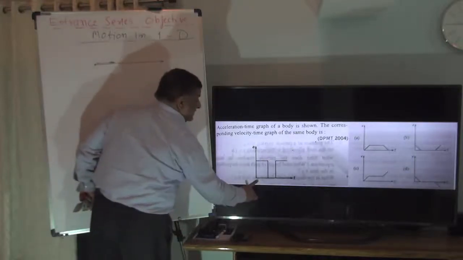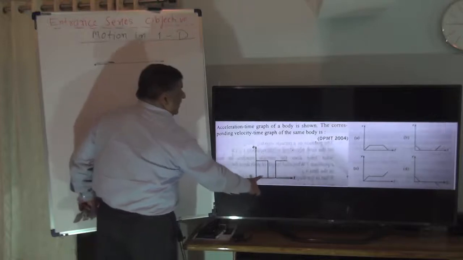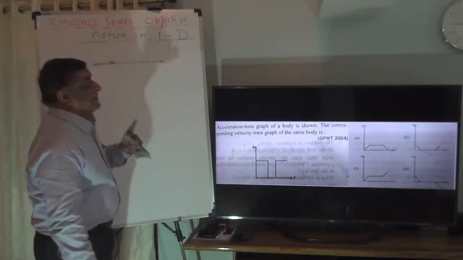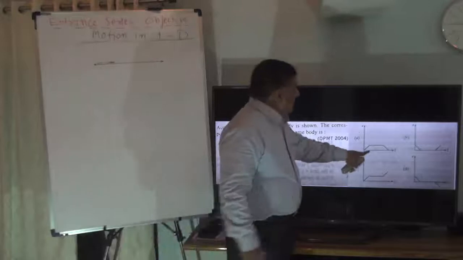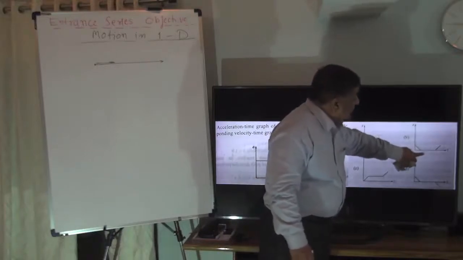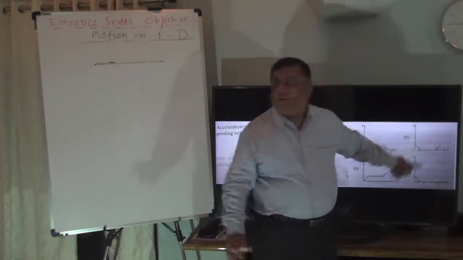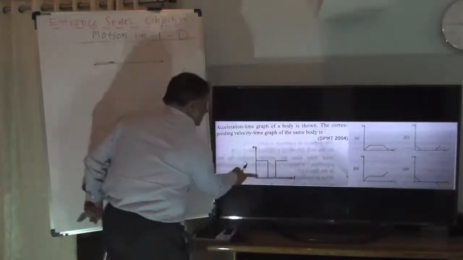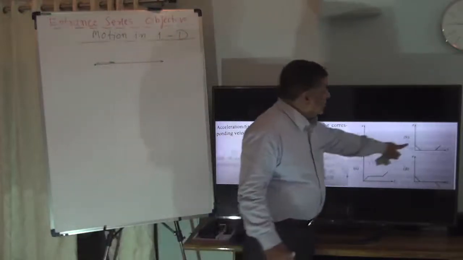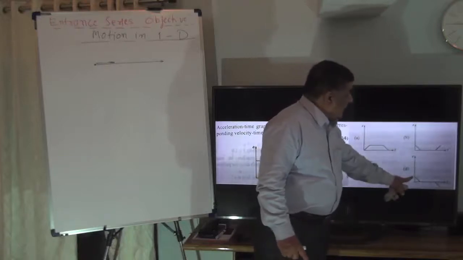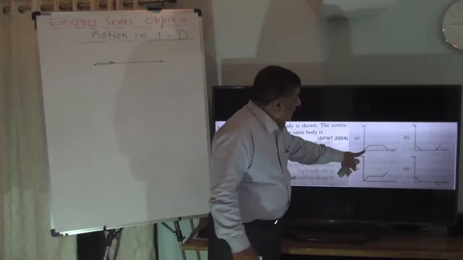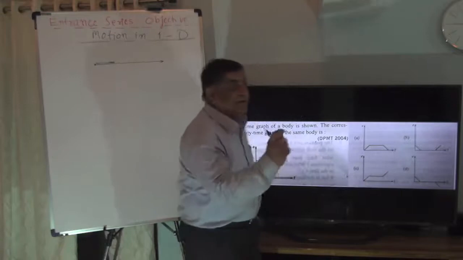So for this much time, from here to here, velocity will increase. Here we look at which graphs show velocity increasing at the start. In this velocity is increasing, this can be an option. In this velocity is decreasing, this is not an option because acceleration here is a positive acceleration. Positive acceleration increases the velocity, not decreases. So this is out. This one again, velocity is decreasing, out. We have these two, velocity increasing for a certain time.